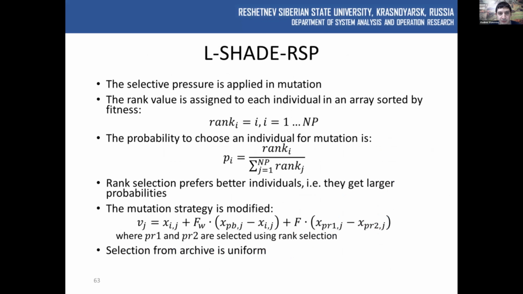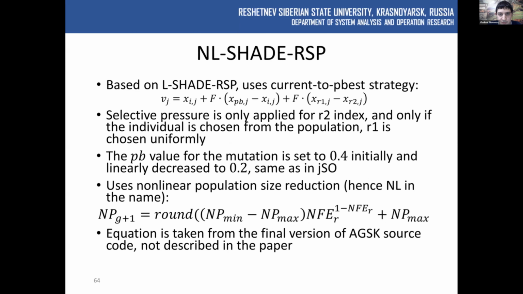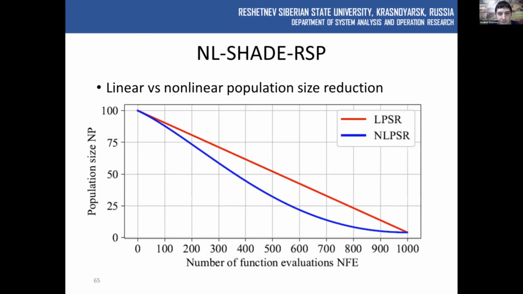So this gave the L-SHADE-RSP algorithm, which is actually my most cited paper, and it has a terrible mistake in it. You can have a look, but I will show you at the end. So this is actually jSO with selective pressure, and it took second place in 2018 at the Congress on Evolutionary Computation competition. Next was the NL-SHADE-RSP algorithm in 2021, which is a further modification, and the modification is this one.